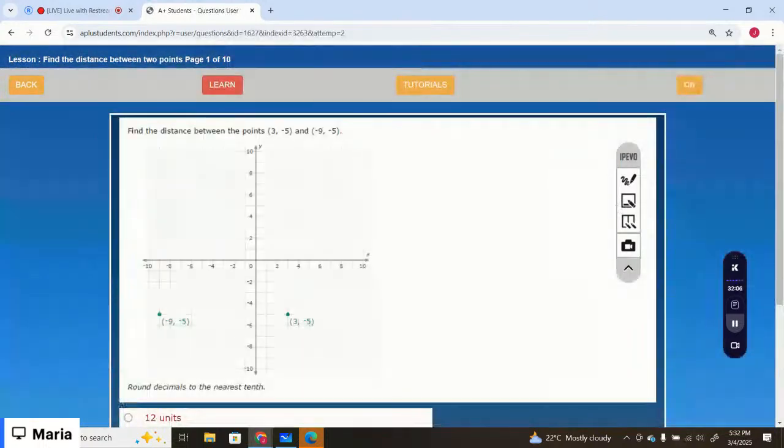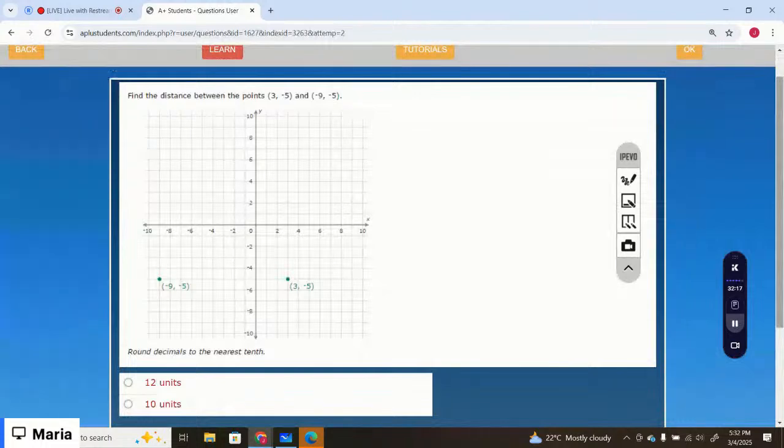Find the distance between the points 3, -5 and -9, -5.